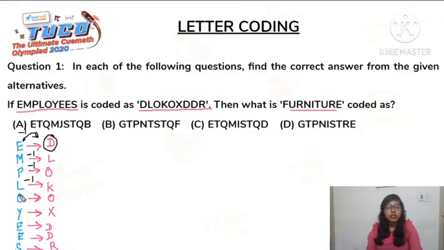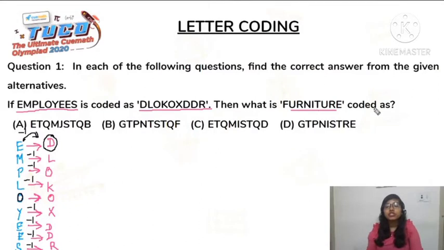Coming to the letter that's exactly in between the word, if you see O is exactly the mid letter, there is no change in the letter and it is coded as the same thing. Now coming to Y. So we know that before Y we have X, before E we have D. So the pattern that we are following here has to be a -1. I hope that is clear.